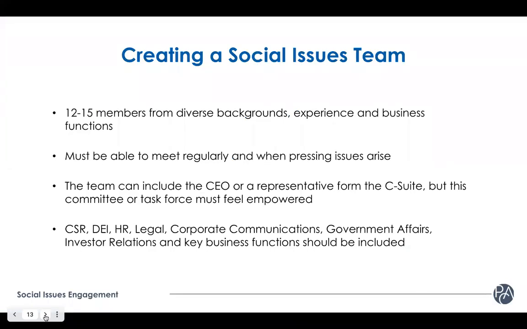The first suggestion that we came across from all of our members and things that we've been talking about for a long time is actually creating a social issues team. Having a team at the company that is made up of 12 to 15 members. It could be a little bit smaller if you're a smaller company, but that are from diverse backgrounds, experienced business functions.